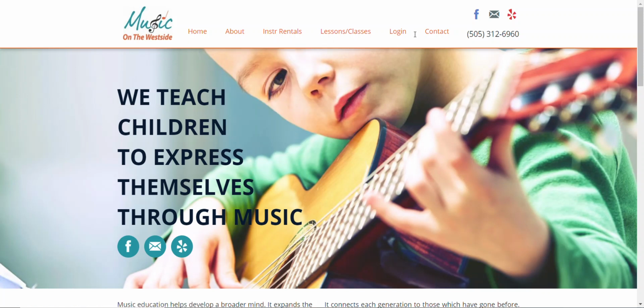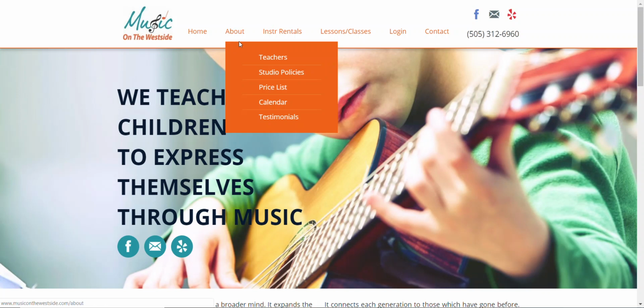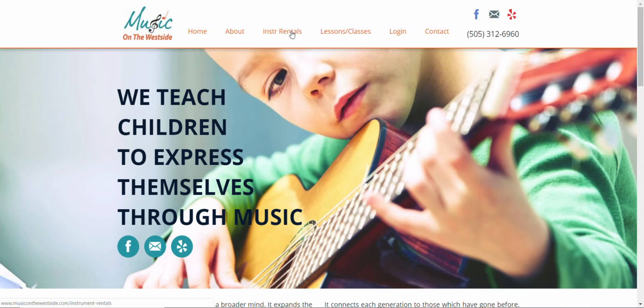And same with instrument rentals: if it's a big part of the business, then maybe keep it there. If it's just a smaller part of the business, and Music on the West Side is really about lessons and classes, I'd get rid of instrument rentals. I think it would be fine to have about, instrument rentals, and maybe one other item.